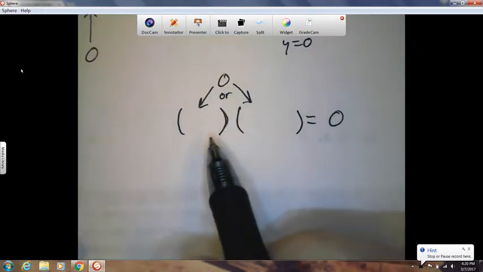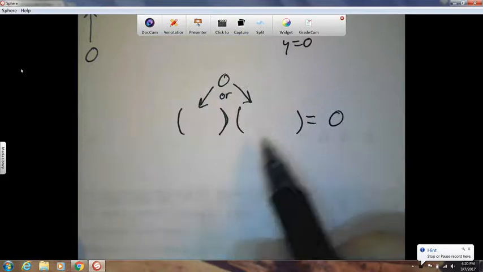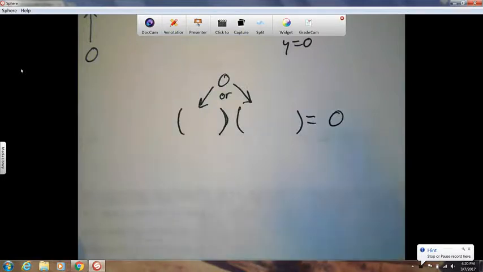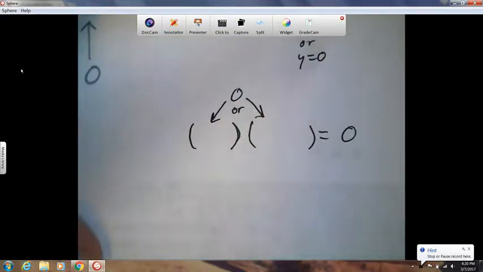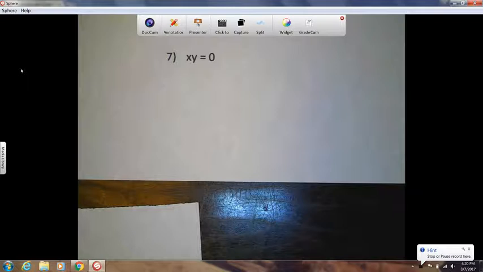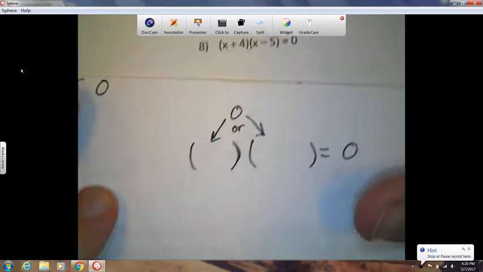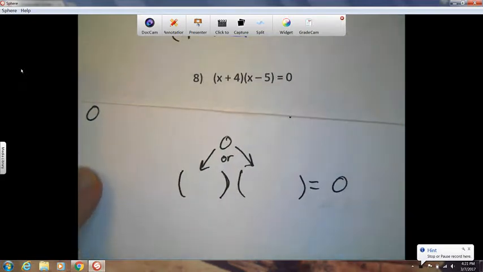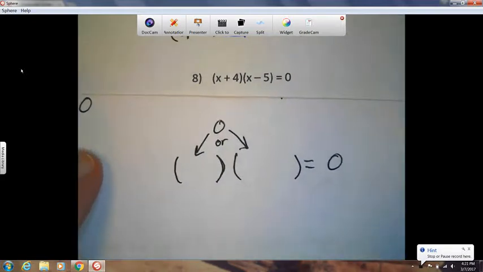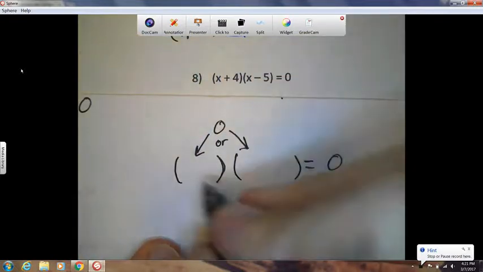Well, this time, I have this. Okay, it's a little more complicated, but I know one of these has to be 0, so I put x plus 4 here, x minus 5. One of these is equal to 0.